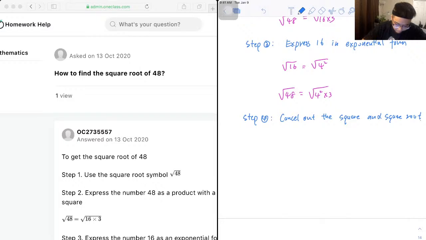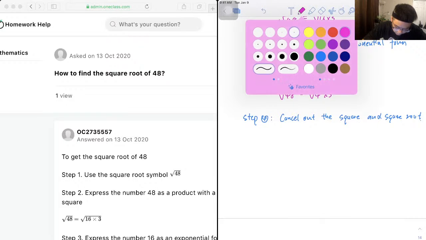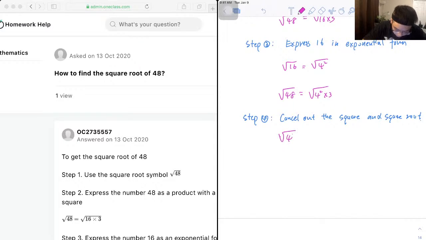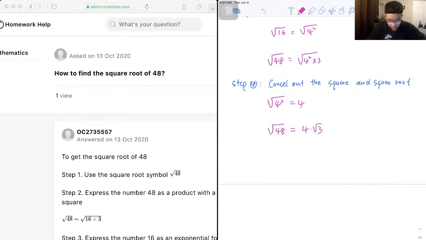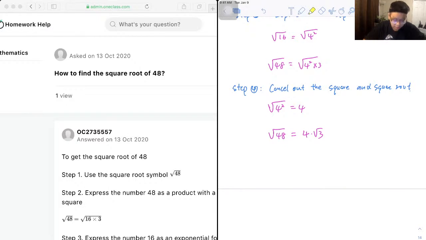Just recall, if we take the square root of 4 squared, it is still going to be 4 itself. So root 48 is just going to be 4 times root 3. So that's what we have for this question.